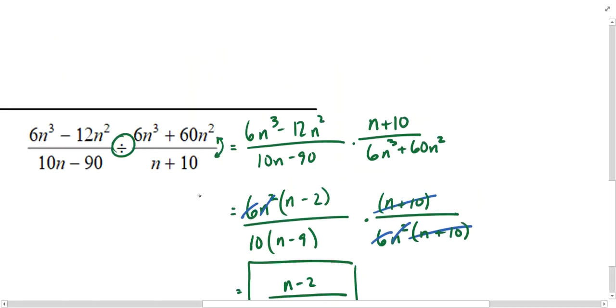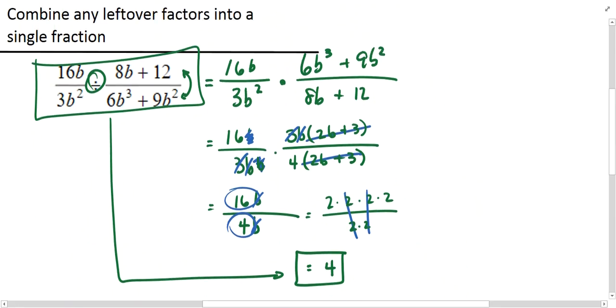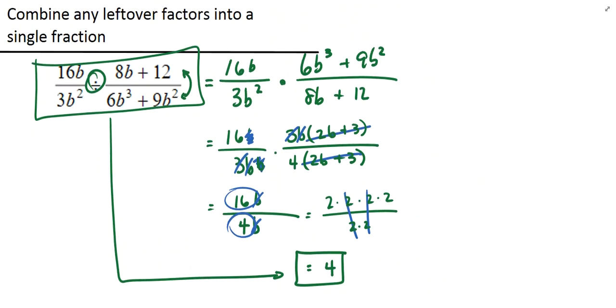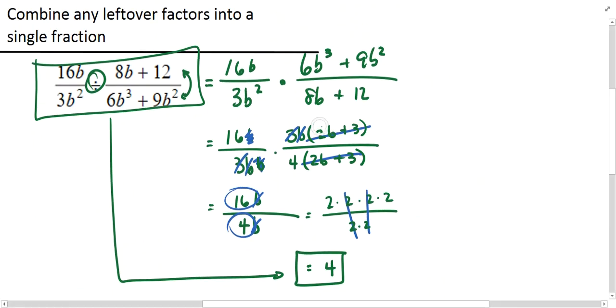Now I just realized that I think I made a mistake in the last problem. Yeah, it appears that I did. In this numerator, when I was factoring this component, 3b squared was the GCF. And that's what left us with the 2b plus 3.